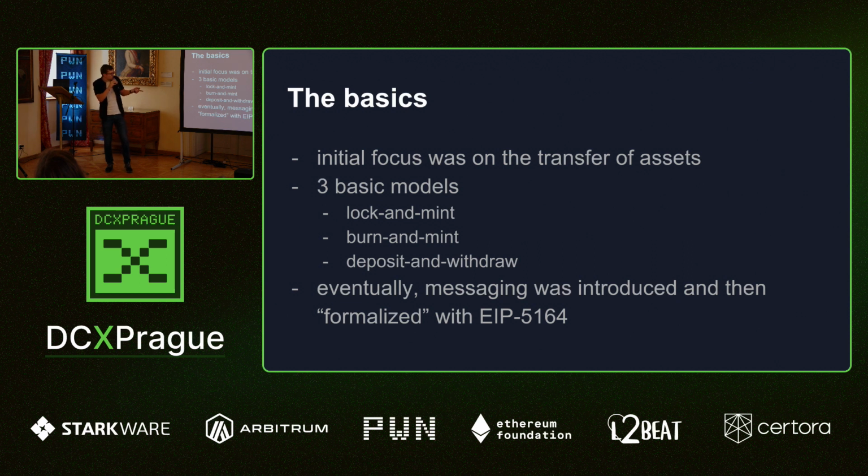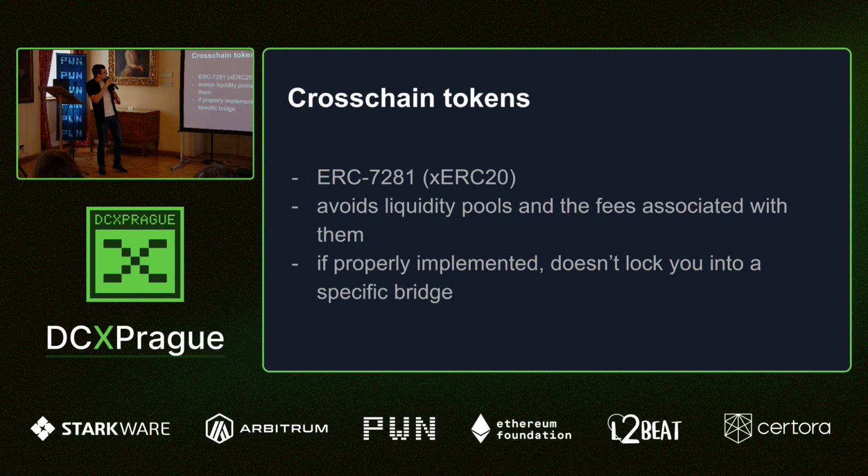With messaging, you can send arbitrary information across chains, which means that in said message, you can include, for example, a payload for a contract execution, so you can do much more with it than just straight up simple token transfers. So, a couple of examples.